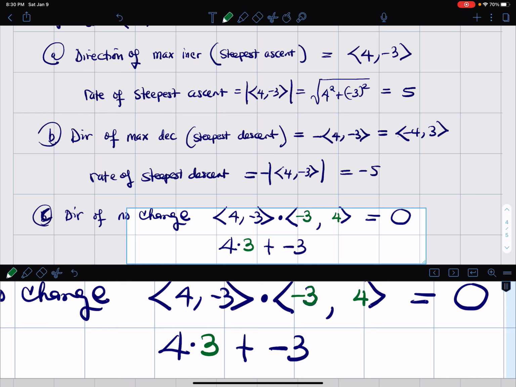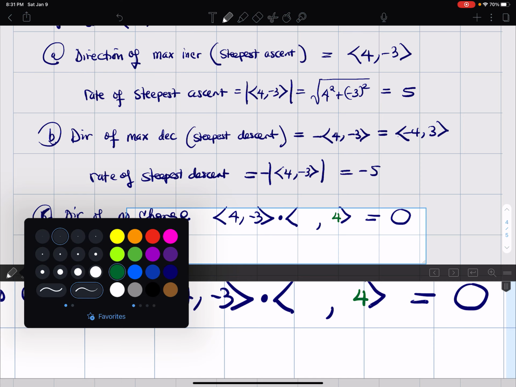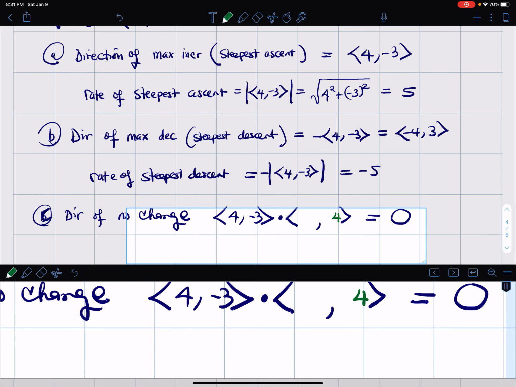So I'm going to do 4 times negative 3 plus 3... No, I'm very sorry, I think I'm messing something up. I just want to get 0. I'm overthinking it. All right, I know. I was right the first time.